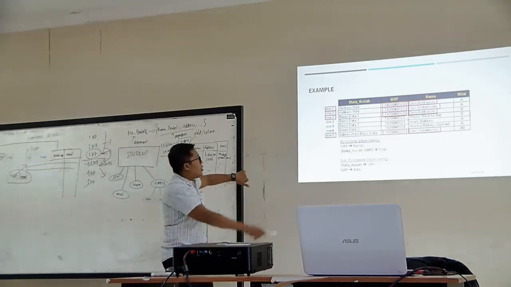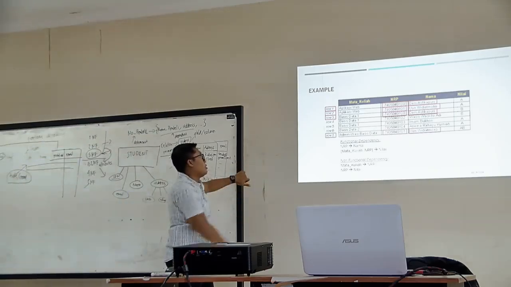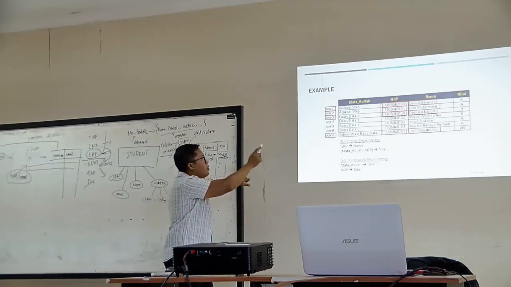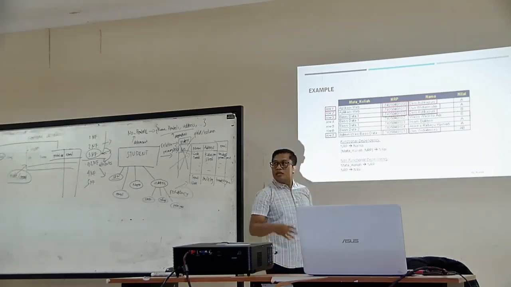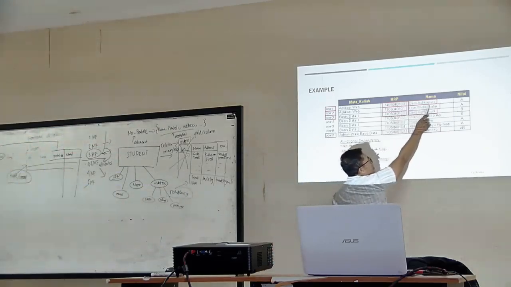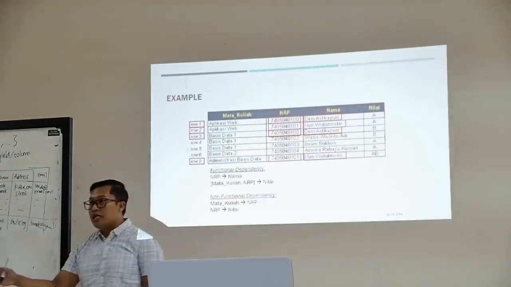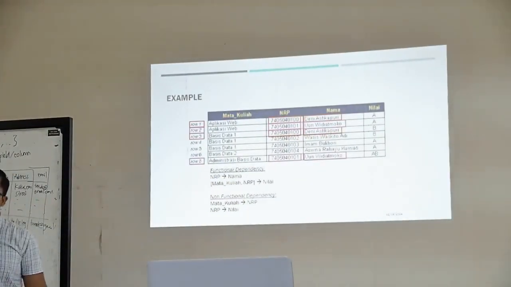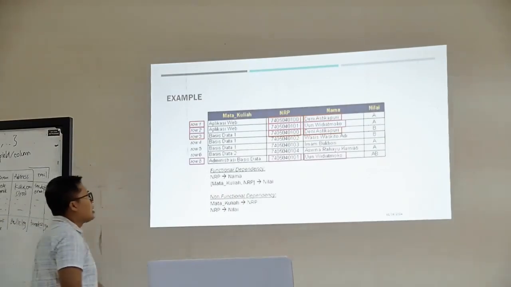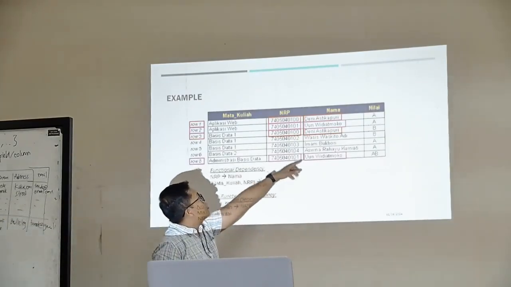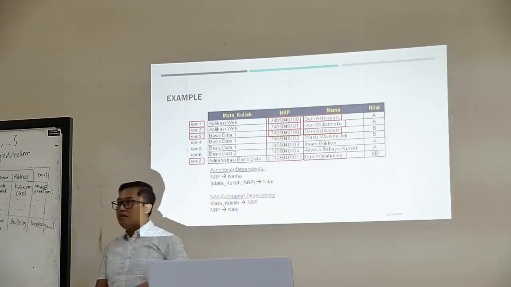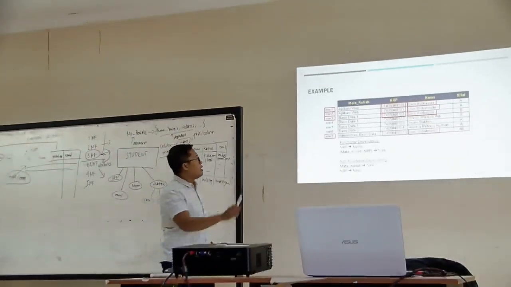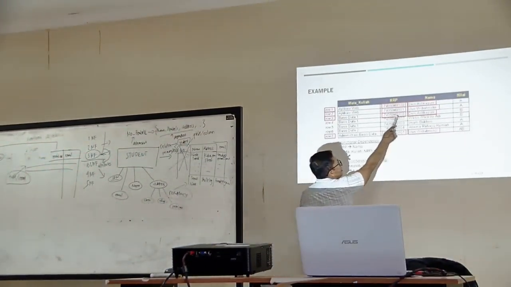Okay, maybe we choose the NRP. If we have NRP 7405040100, the name will be Deni Astika Putri. So we need to check first to ensure any name using the same NRP like this. We check.